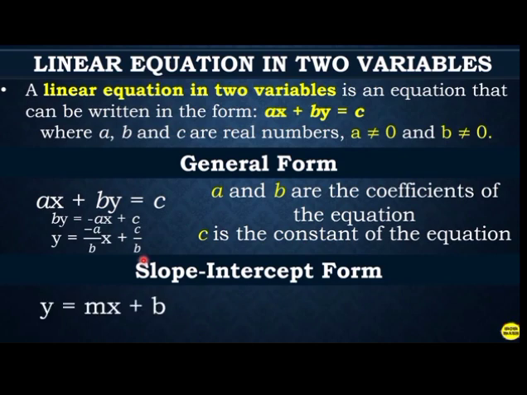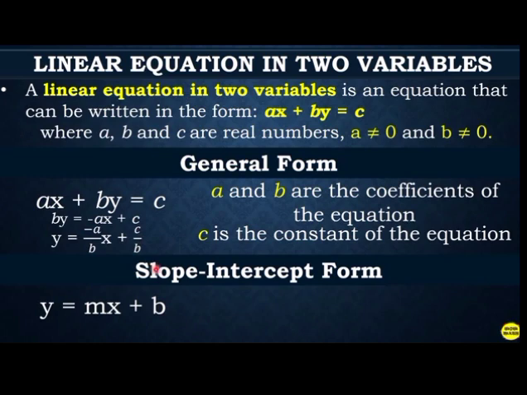In slope-intercept form, we are using y equals mx plus b, where m is equal to negative a over b, while your b represents c over b. So again, in slope-intercept form, your m here is negative a over b and your b here is c over b.